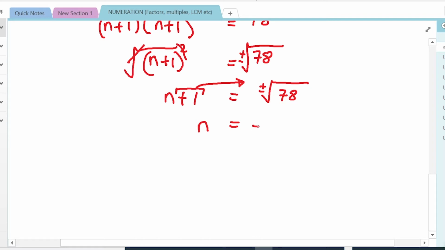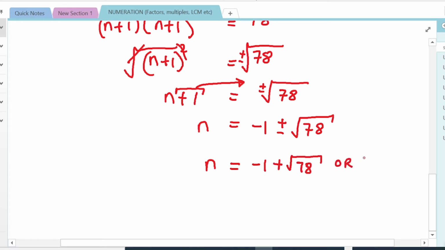So n is going to become negative 1 plus or minus the root of 78. That is, n is either negative 1 plus the square root of 78, or negative 1 minus the square root of 78.